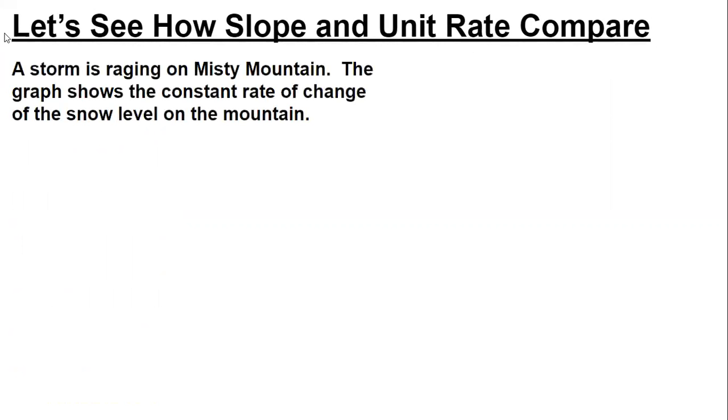Let's see how slope and unit rate compare. A storm is raging on Misty Mountain. The graph shows the constant rate of change of the snow level on the mountain. Notice how it's a constant rate of change.